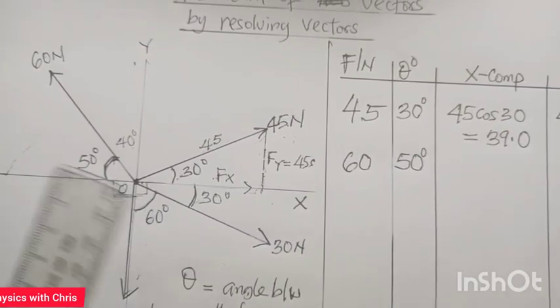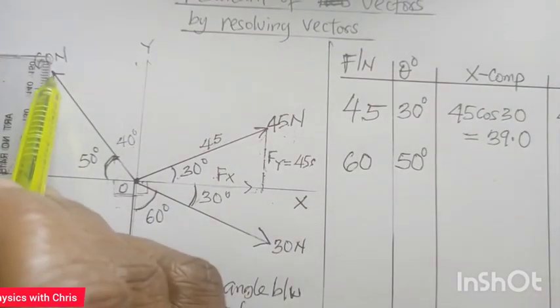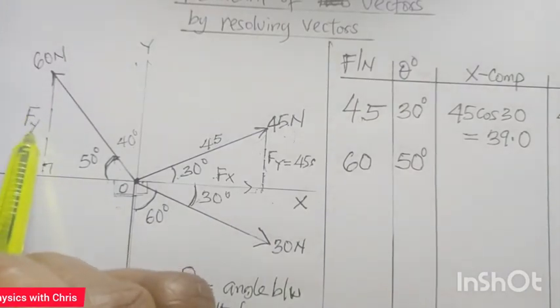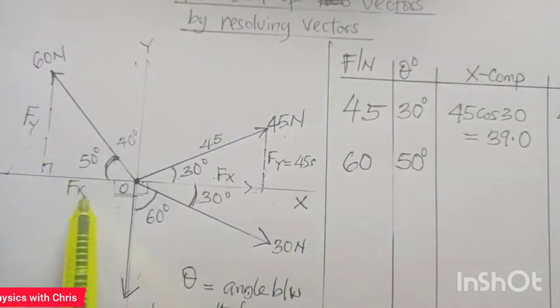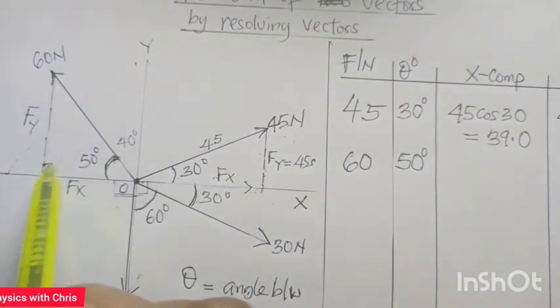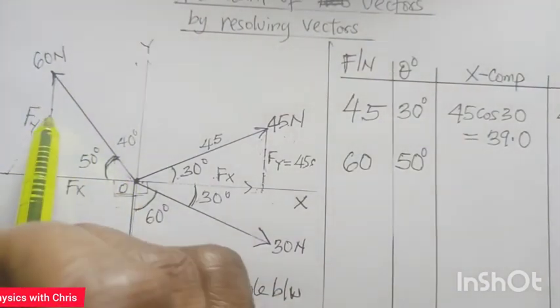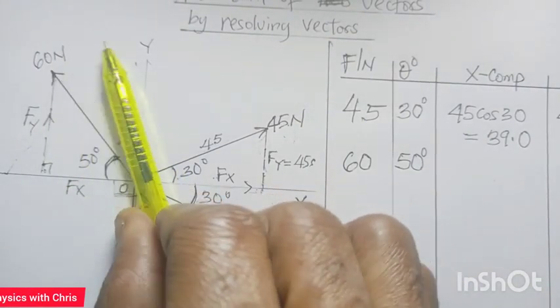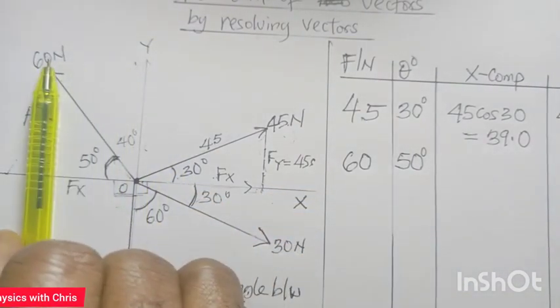So by the time I resolve this, let's say I do something like this. I draw this to make up a right angle triangle. This is my Fy component, and this is my Fx component. That is opposite over hypotenuse. When I place my pen like this, I resolve it vertically. It means that the Fy component is pointing upwards.